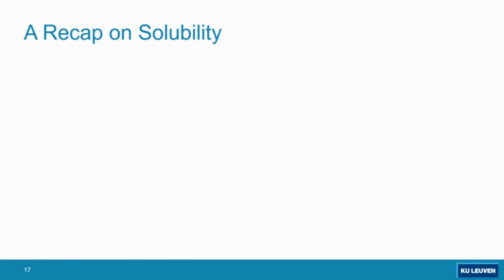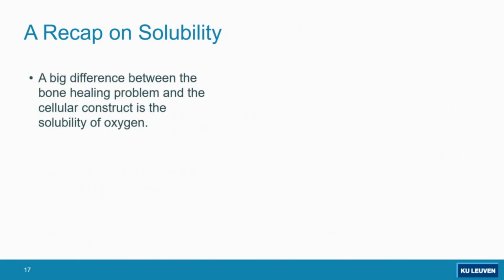So what was very important for the previous example that I showed you, and this one that I gave you as an exercise, was the solubility of oxygen. In the exercise, oxygen was expressed as a percentage.